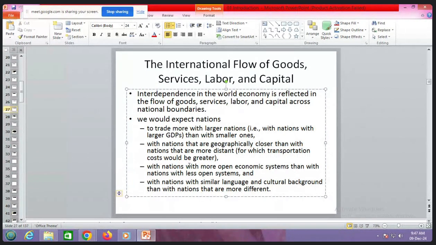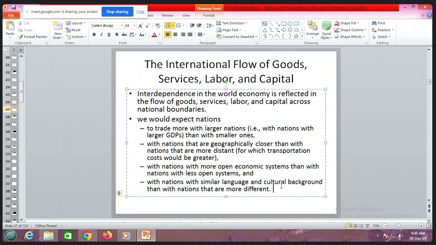That is the third point here in the gravity model: nations with more open economic systems are going to have higher trade, that is those which are following more market based economies, and nations with similar language and cultural background than with nations that are different, because taste and preferences will be similar and the products can be sold across different countries.